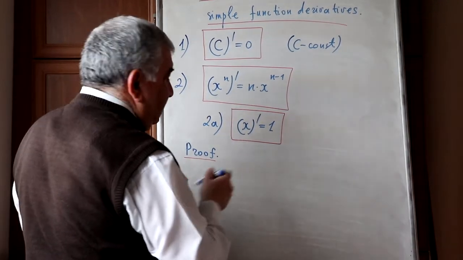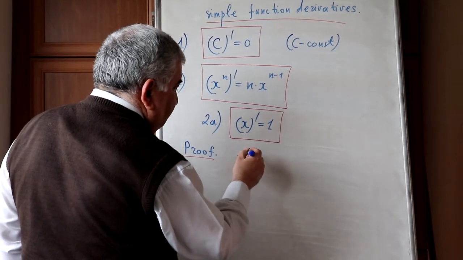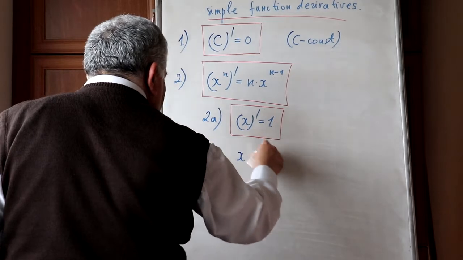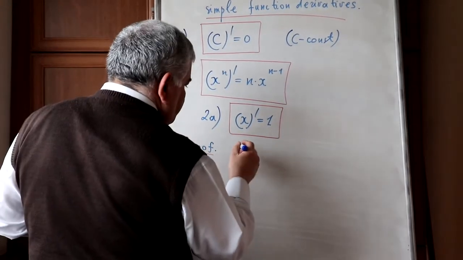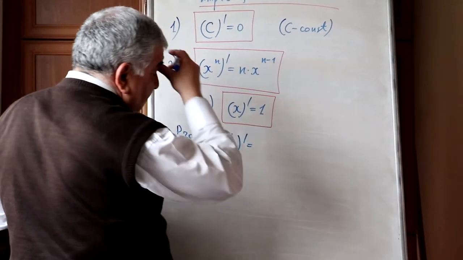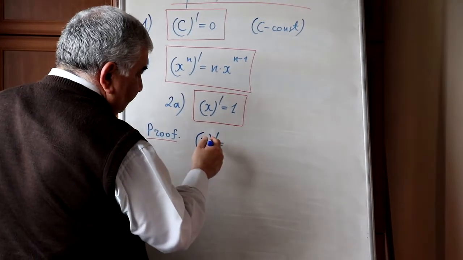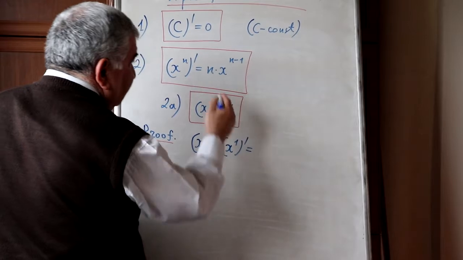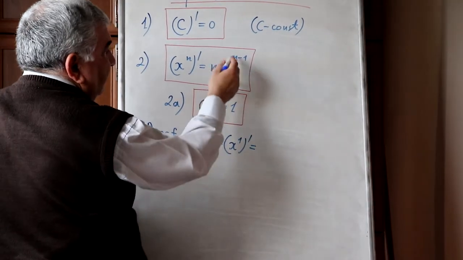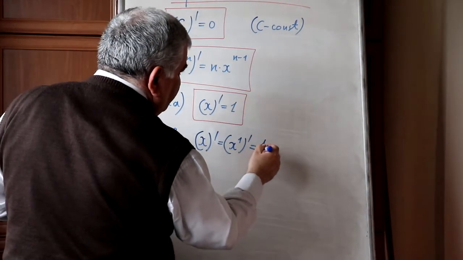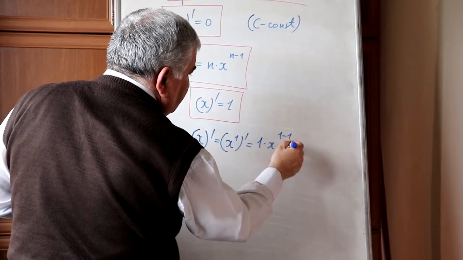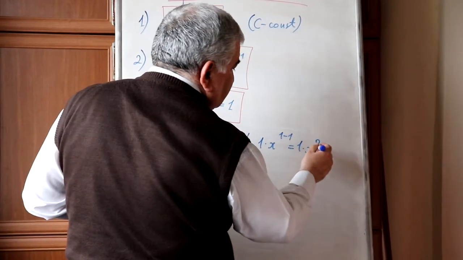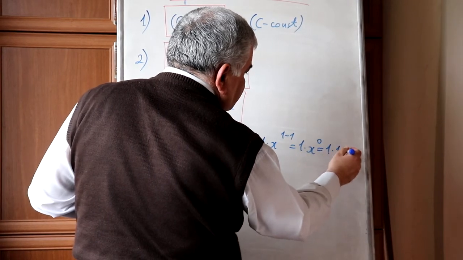First write x prime equals x to 1 prime. Here n is 1, and substitute 1 instead of n in this formula. 1 multiplied by x to 1 minus 1 equals 1 multiplied by x to 0. X raised to 0 is also 1. 1 multiplied by 1 is 1.